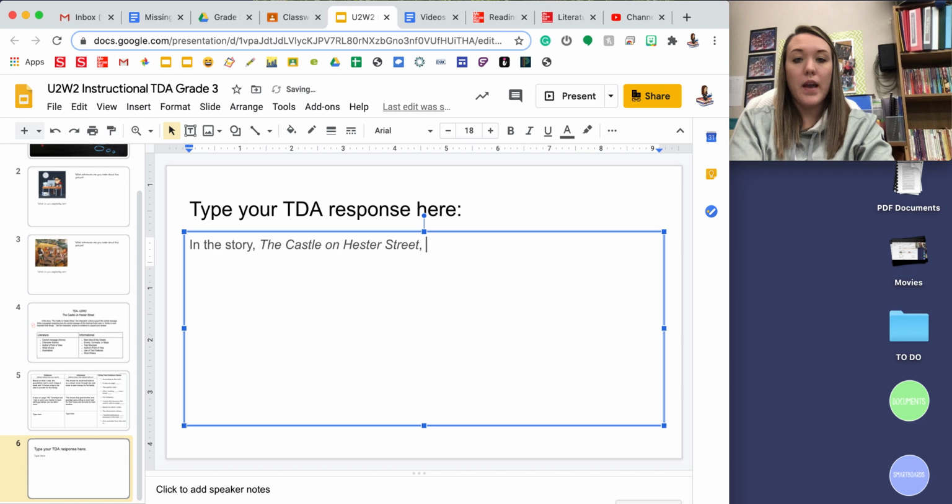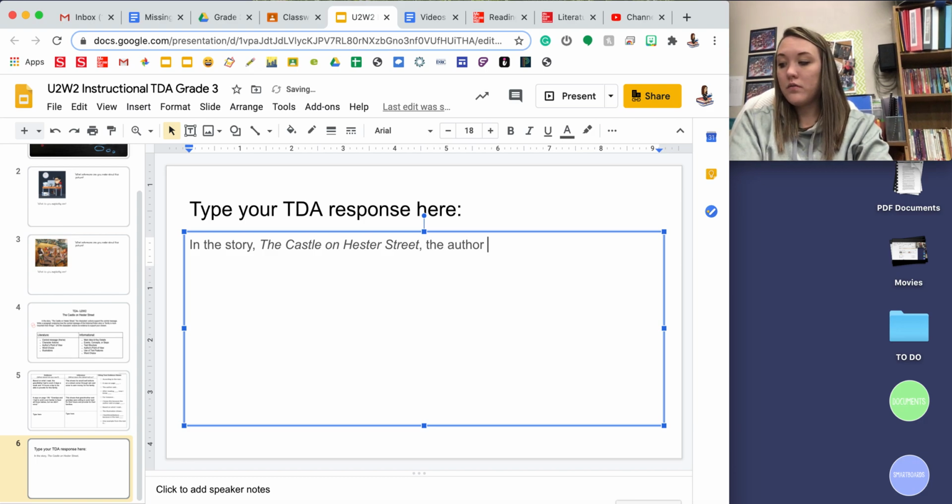When you type a name of a big story, it either needs to be in italics or underlined. I chose to make mine italics. You can highlight and press this I button, and that'll make that slanted font to make it in italics.